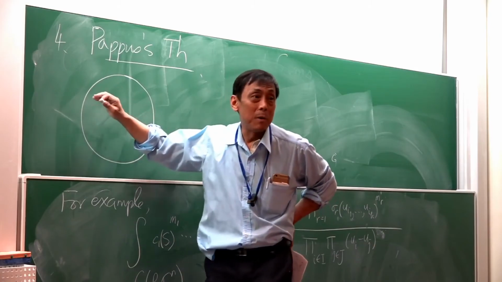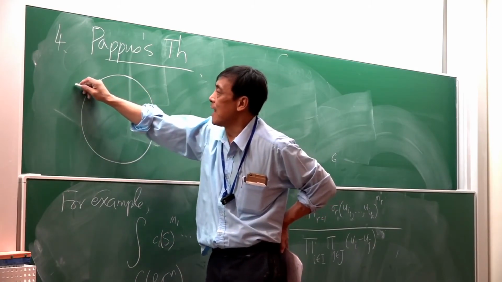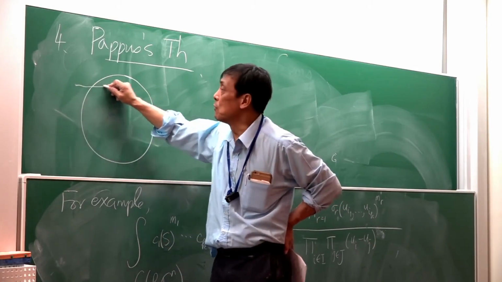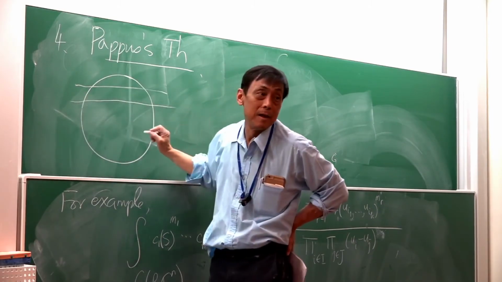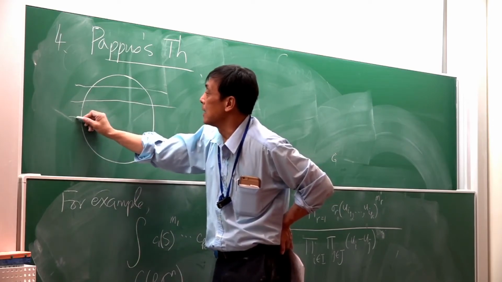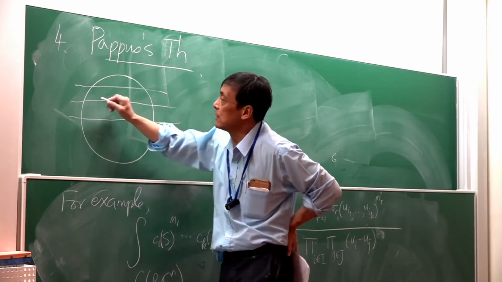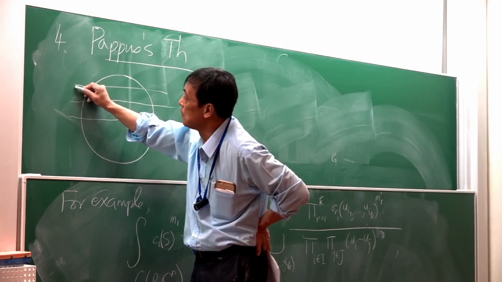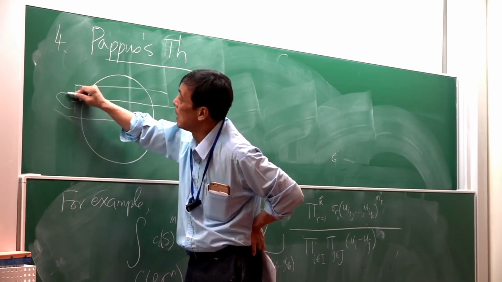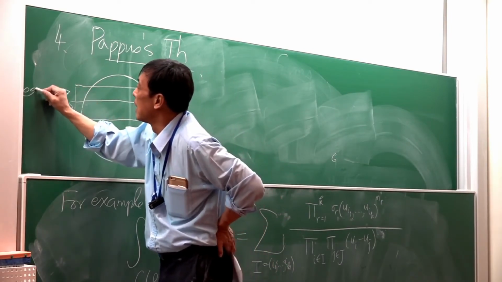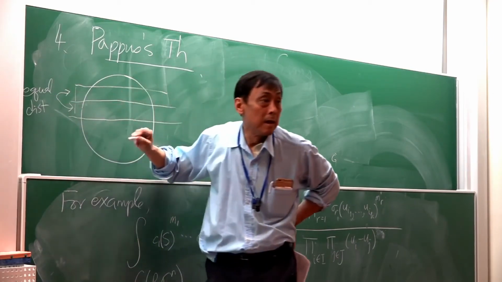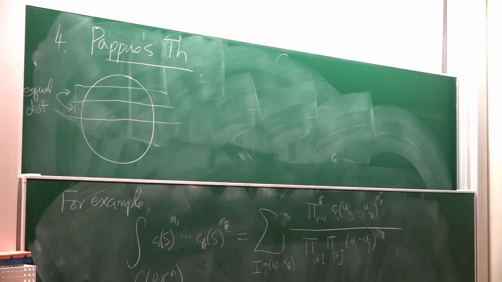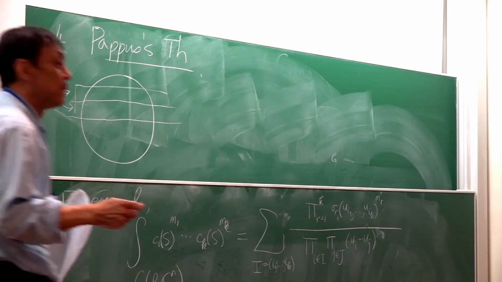Pappus's theorem says that if you slice the sphere with horizontal planes, say like there, and if the distances are equal, then the surface areas of the sphere that you cut out are equal.